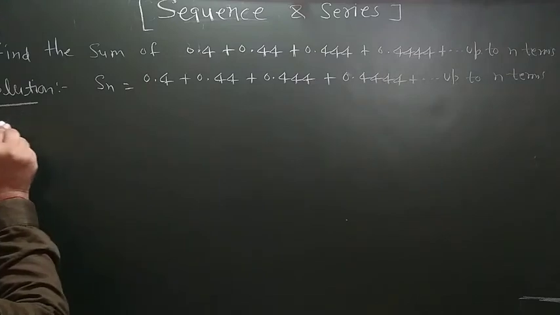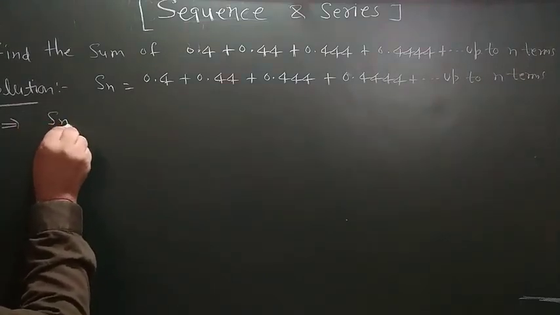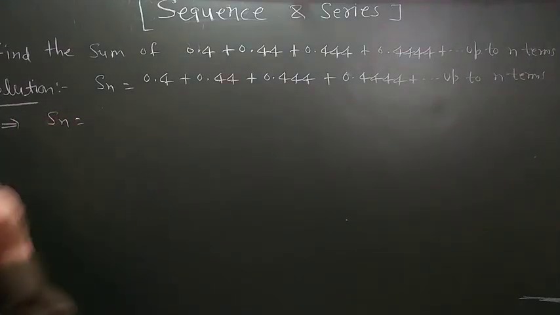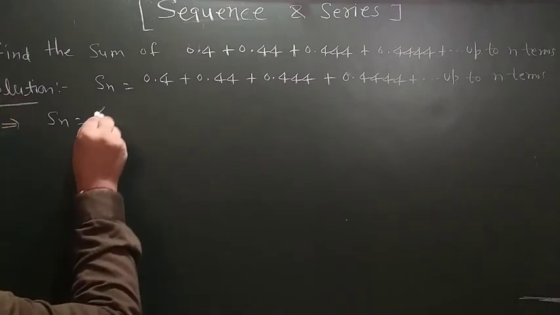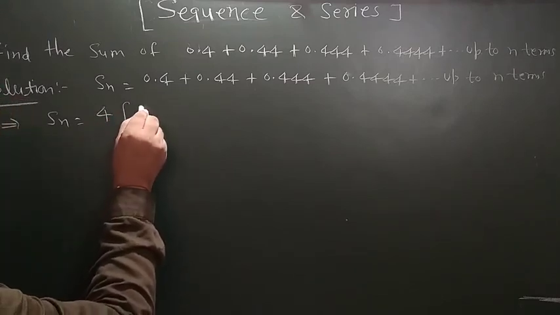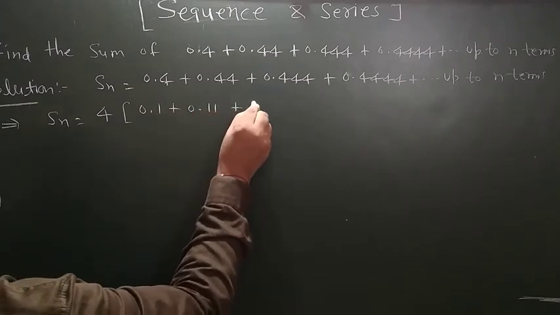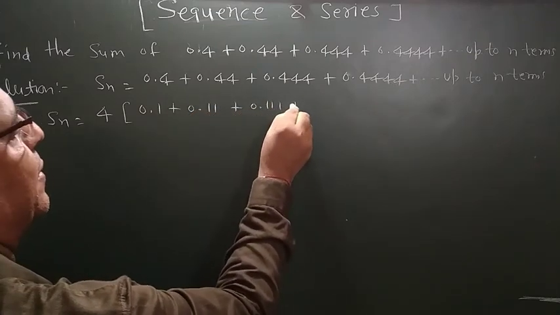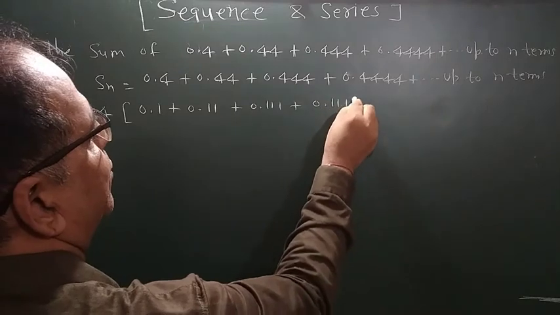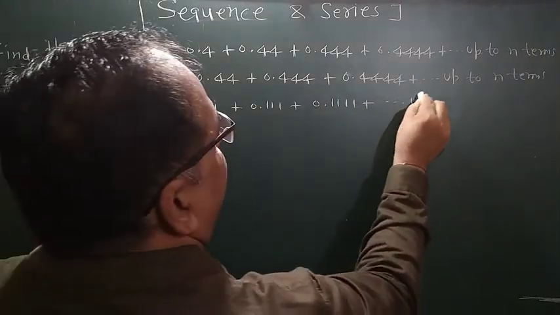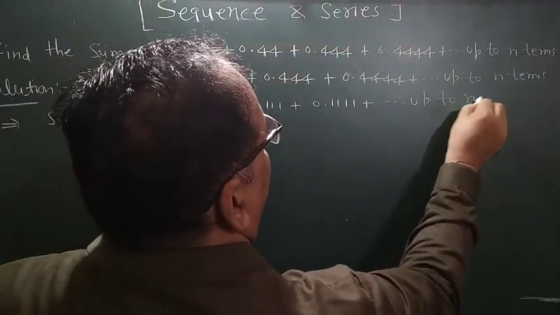Now take common: Sn equal to, take common 4 only. So here we have 0.1, 0.11, 0.111, 0.1111 up to n terms.